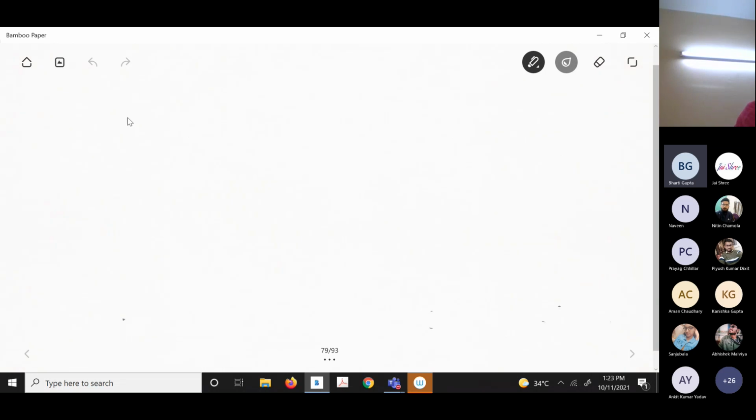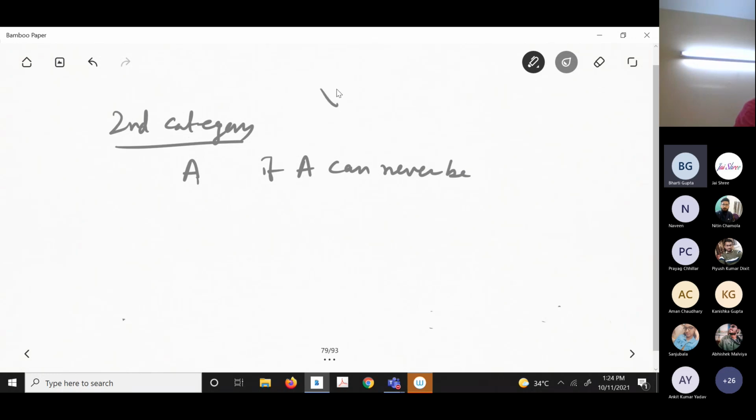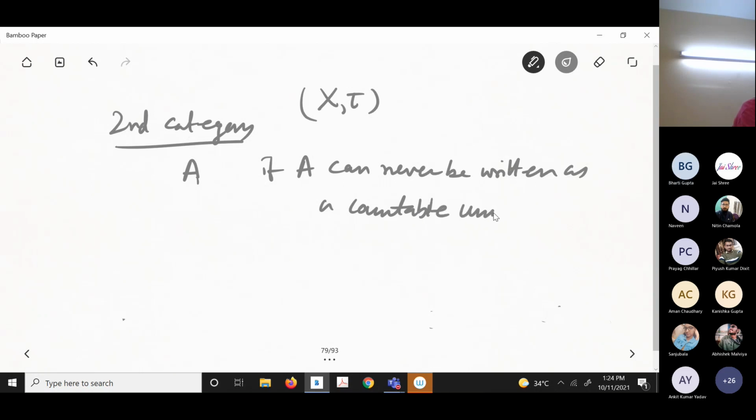That means A is of second category if, in that topological space, A can never be written as a countable union of nowhere dense sets. Okay.